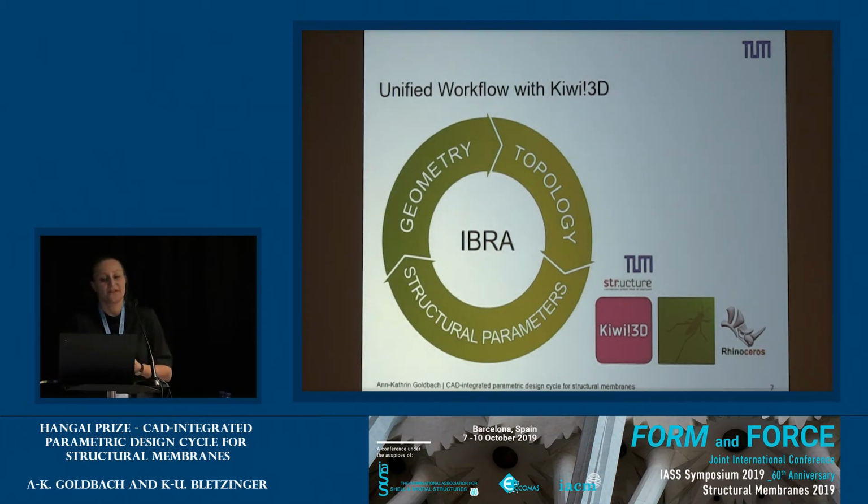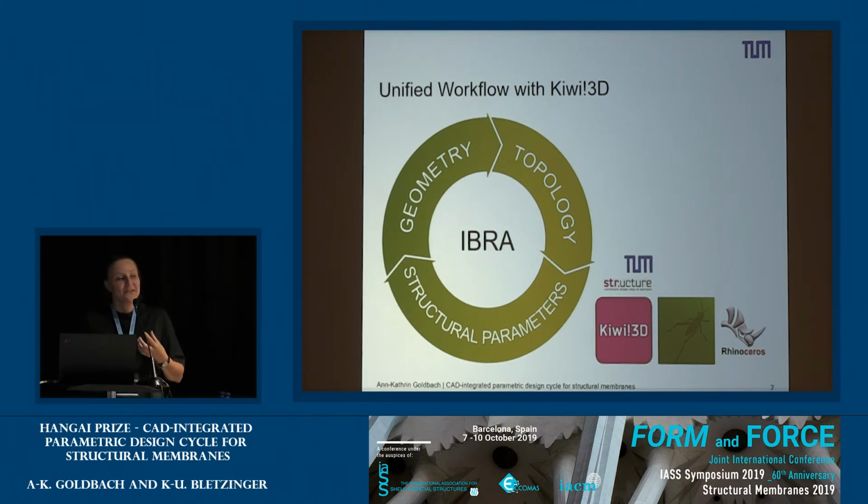This approach, so isogeometric B-rep analysis, has been implemented and applied to a tool called Kiwi 3D, which was developed at the Chair of Structure Analysis and the company Structure in Stuttgart, mainly by my colleague Anna Bauer and her colleagues then at Structure.